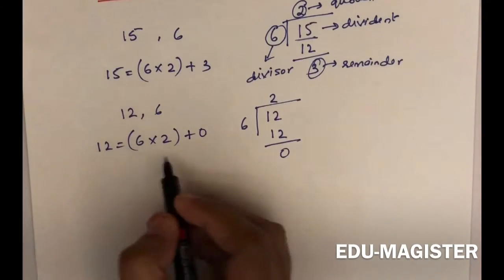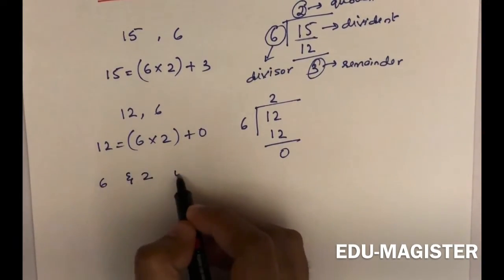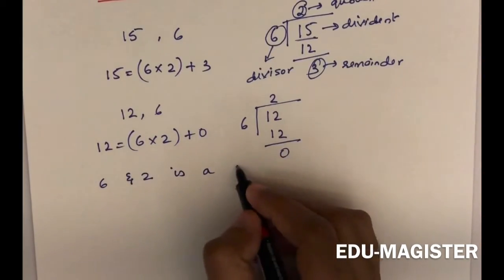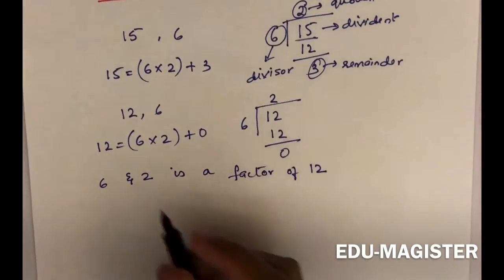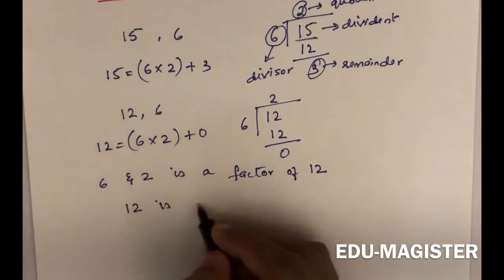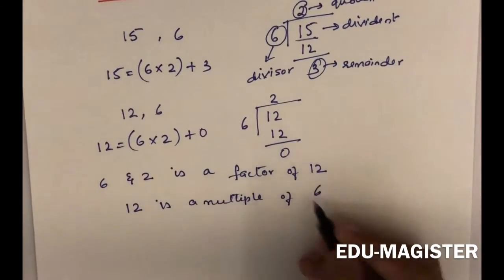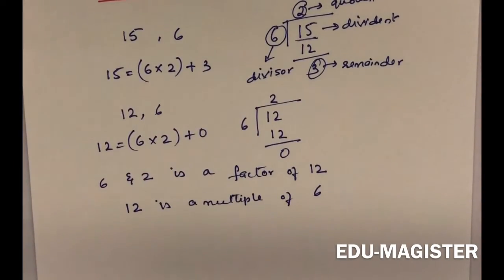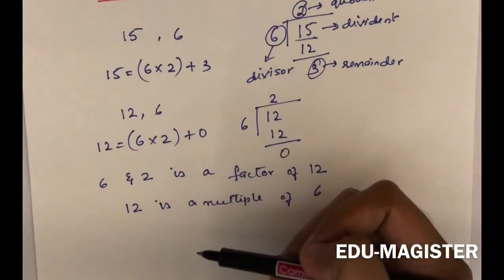Because here 6 and 2 are factors of 12, or I can say that 12 is a multiple of 6, right?